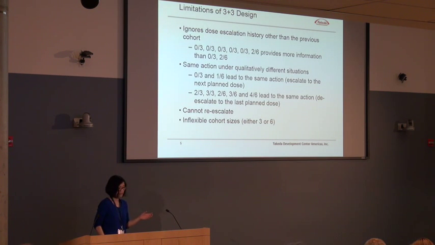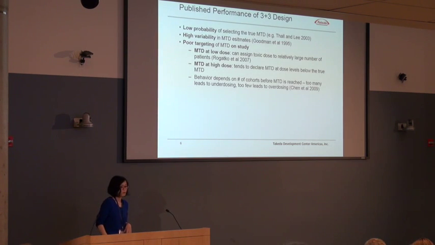For example, you can't have a cohort of 4. The performance of 3+3, as I mentioned, was already published elsewhere, so I don't have to belabor this. Lee, the first speaker, has also been mentioning this. She really laid the ground for me, so I feel like I'm repeating everything from her.